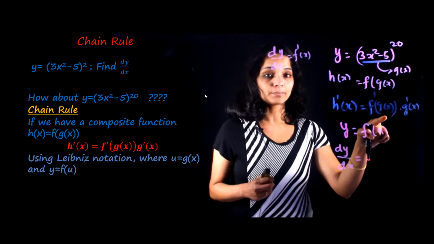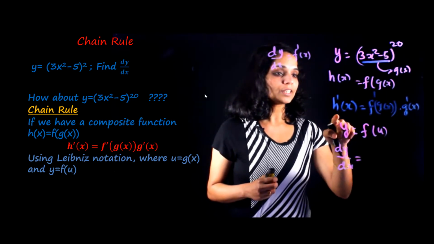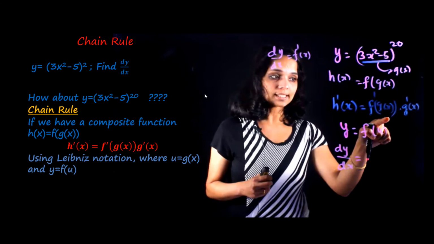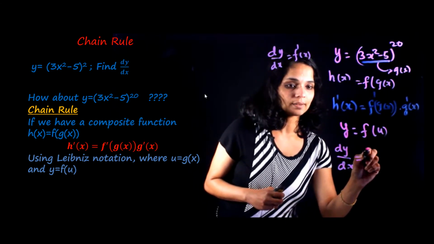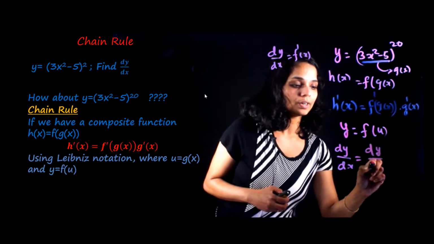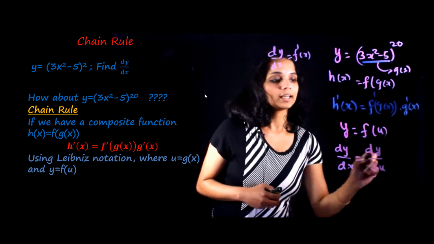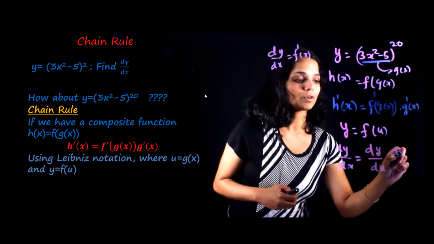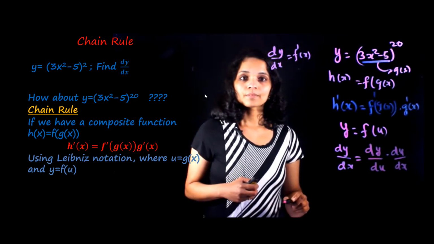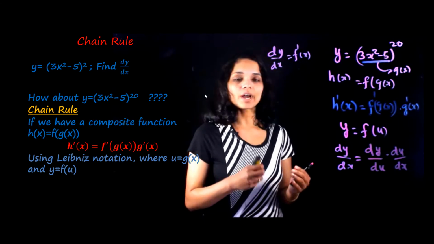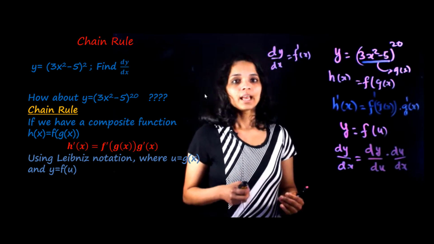That's the first term here, the derivative of the function about g of x. And g of x is u here, so that's dy on du, times the derivative of u with respect to x. These are the two different ways of writing this.